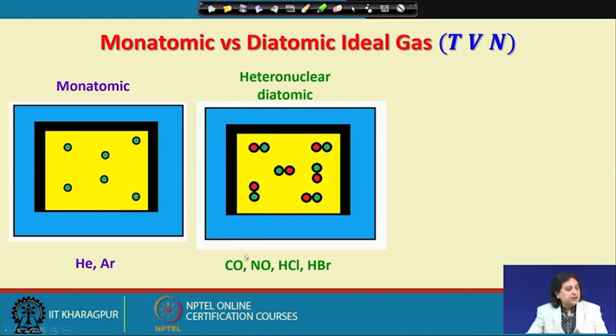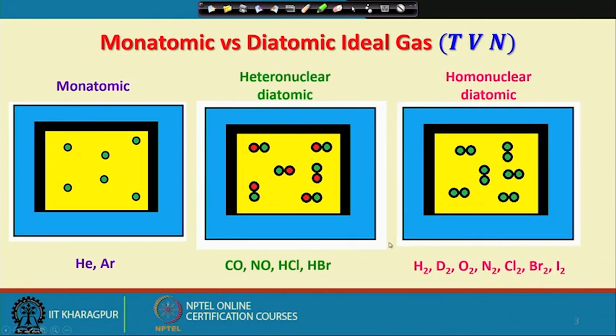Examples are carbon monoxide, nitric oxide, hydrogen chloride and hydrogen bromide gas. Obviously, you can also have two atoms of the same type forming the diatomic molecule, and therefore they are called homonuclear diatomic, and examples are hydrogen, deuterium, oxygen, nitrogen, etc.